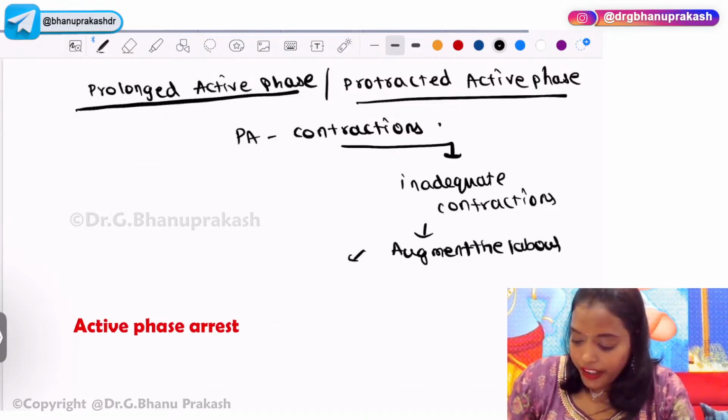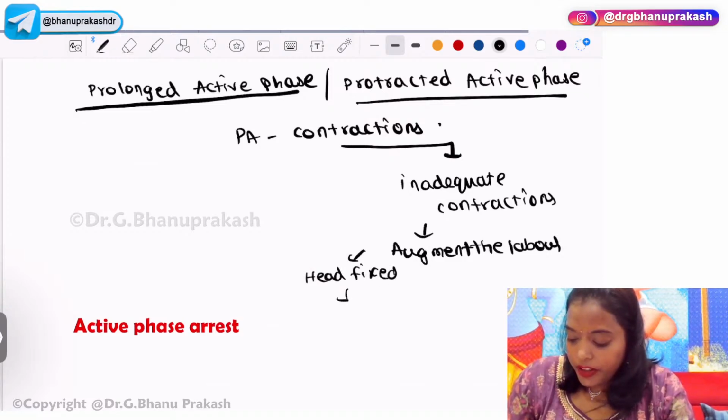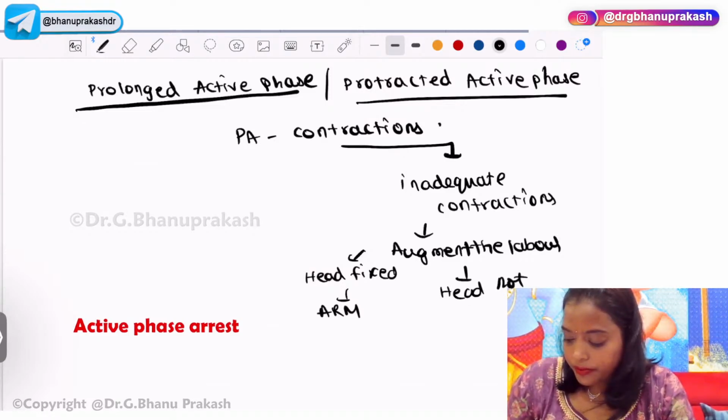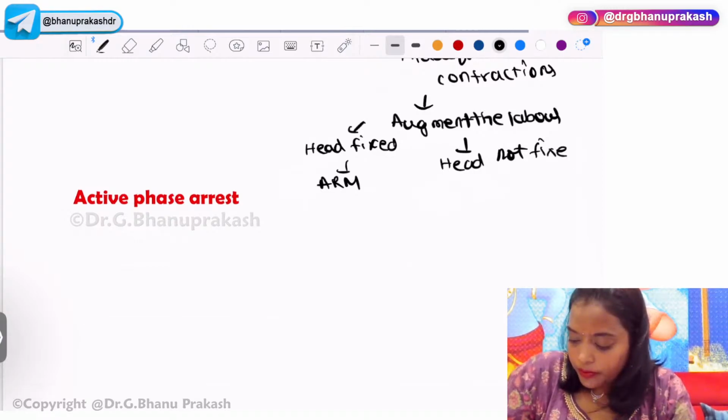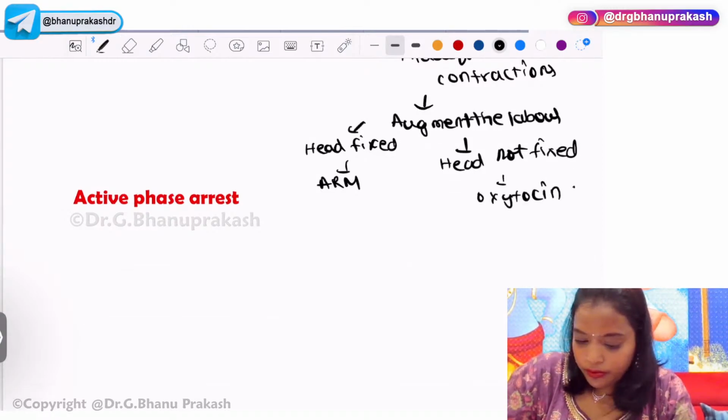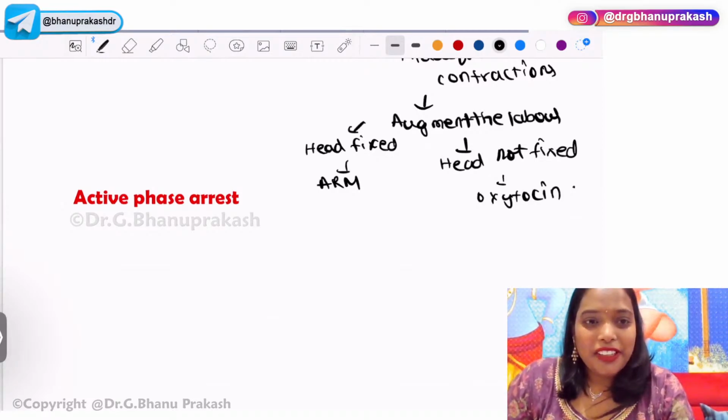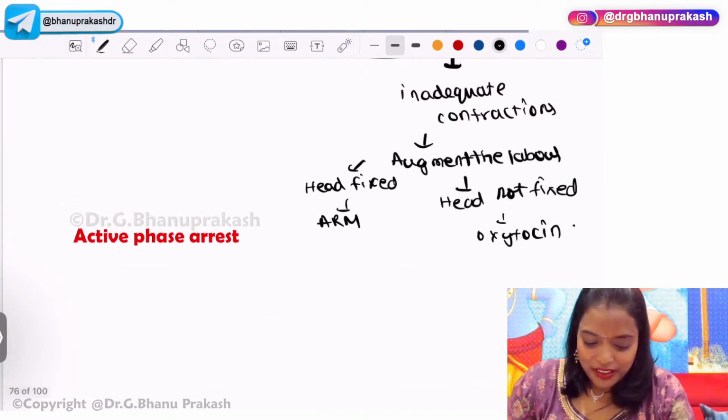If head is well fixed, you can do artificial rupture of membrane. If head is not fixed, then you have to give oxytocin.